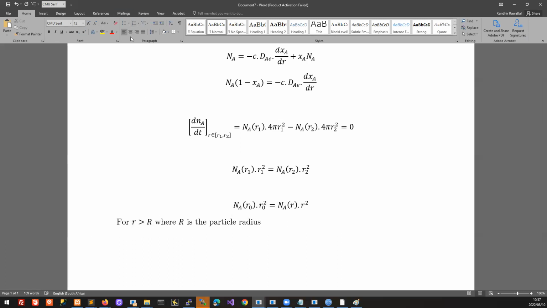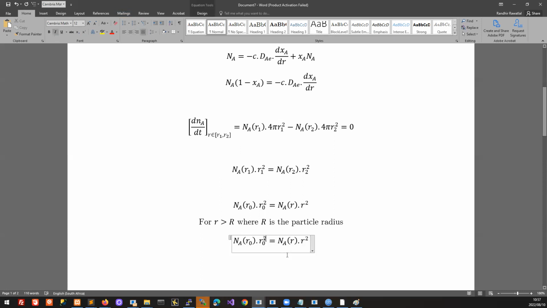Right, so we have this expression now. We can say it's always going to be true that our molar flux will look like this. And so we can say then the molar flux at radial position R is equal to this stuff divided by this thing.